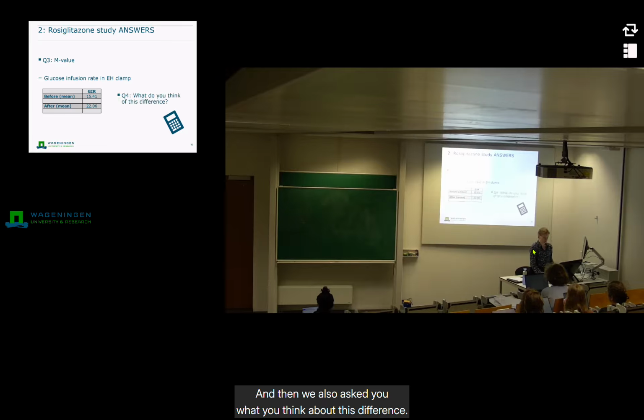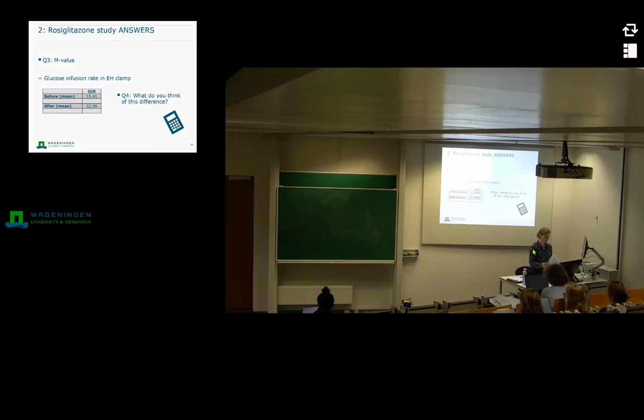And then we also asked you what you think about this difference. So I see that after treatment, the GIR is increased, higher than before the treatment. And what does this tell us about the insulin sensitivity? Yes, what do you think? More insulin sensitive.